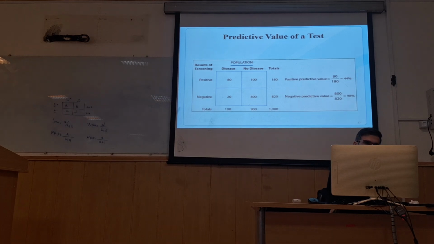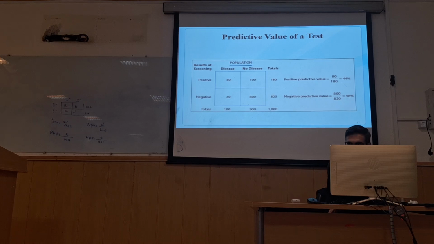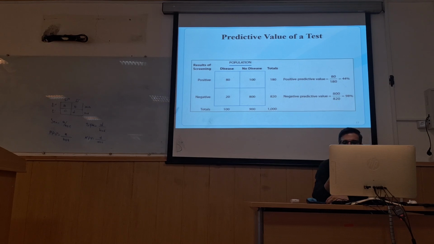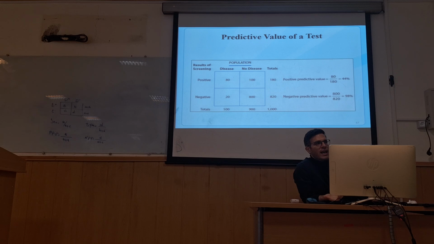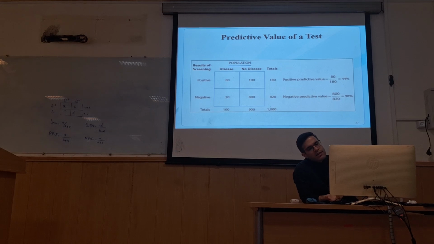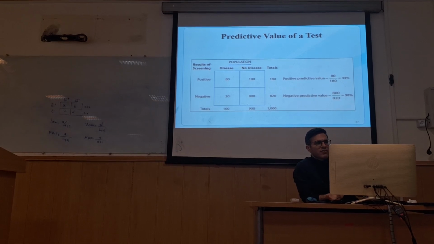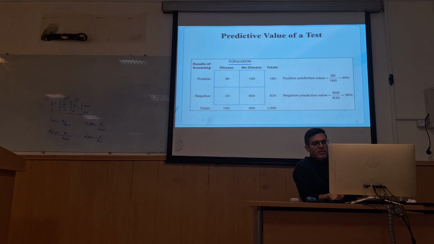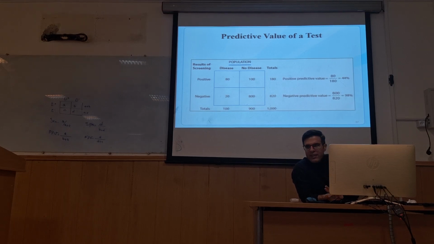Or in other words, it's very important: if you have a positive test, the probability or the likelihood that you actually have the disease is 45%. And if you have a negative result, the likelihood, the probability, that you actually don't have the disease is 98%. Yes?